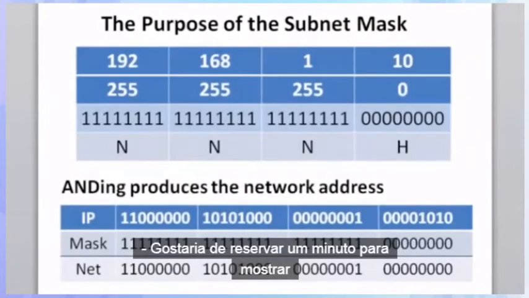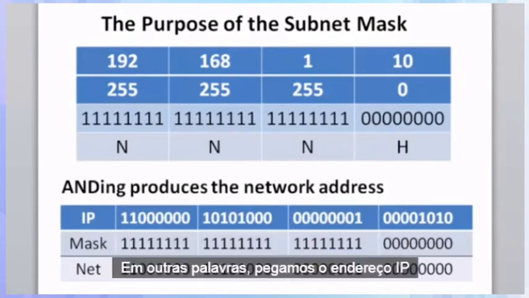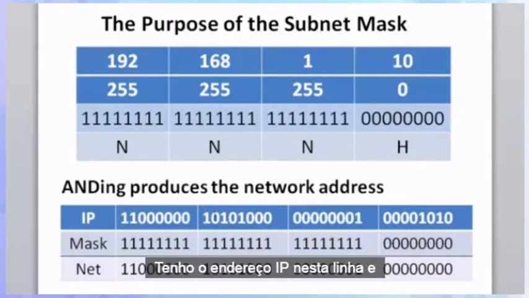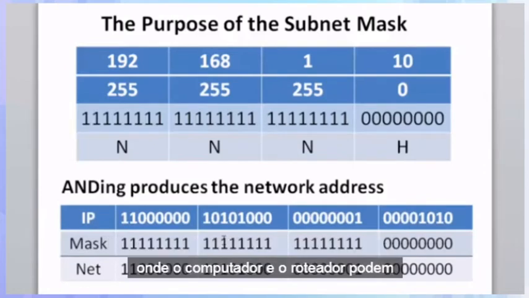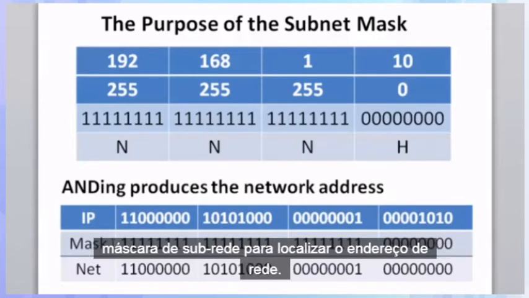Now, I want to take a moment to point out that subnetting makes sense from the binary perspective. In other words, when we take the IP address and the subnet mask and convert them to binary, I have the IP address on this row here, and the subnet mask on this row, converted to binary, so that the computer and the router are able to logically AND, or combine, the IP address and the subnet mask and find the network address.